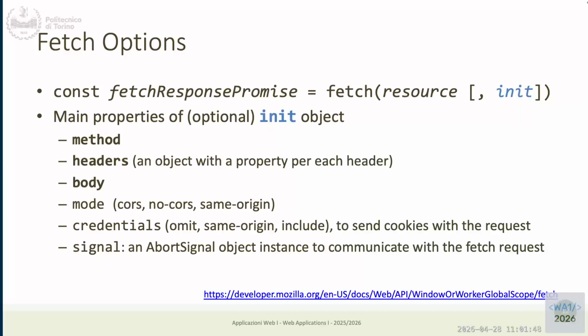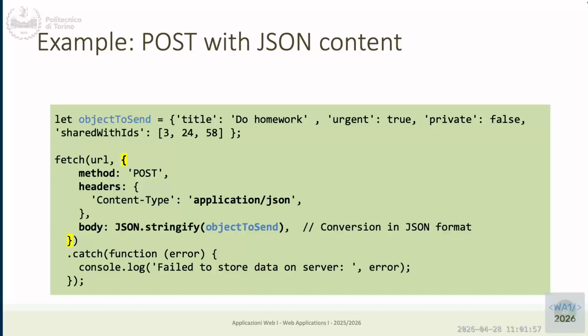Here we are sending a post call to a given URL: the URL is whatever the API URL is, and the second argument is an object that contains the method and the body. The method should be post, and the body should be an object to send in JSON format.